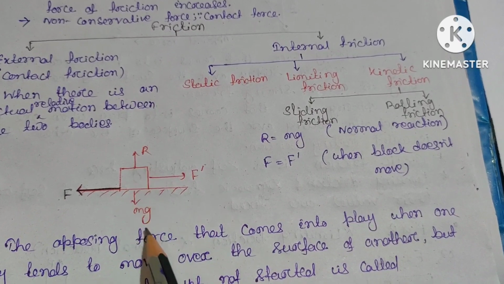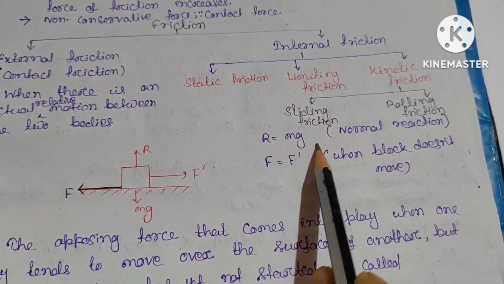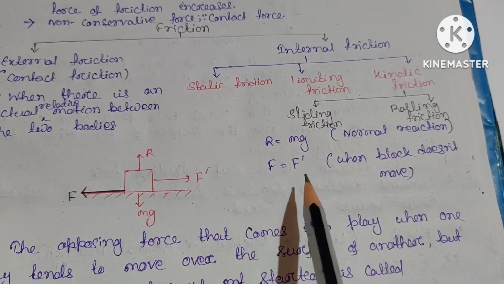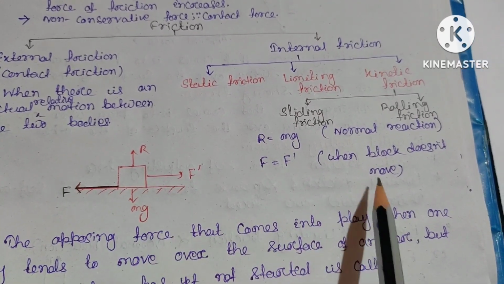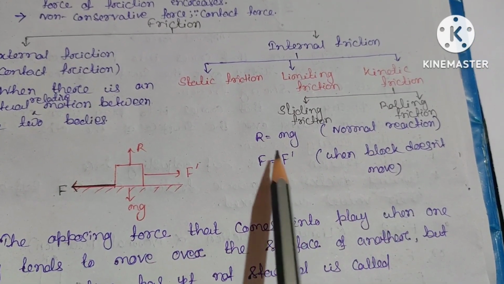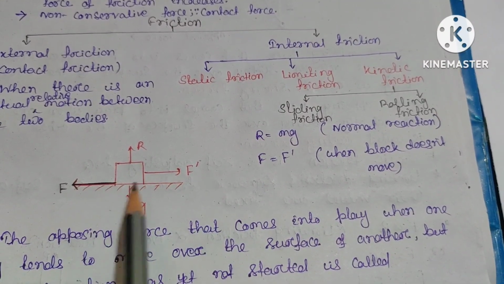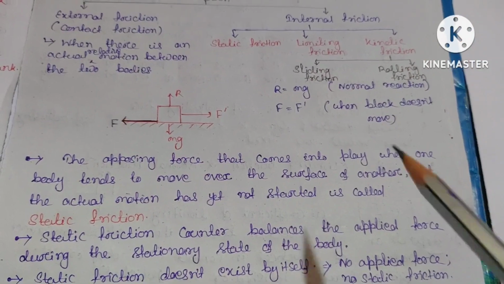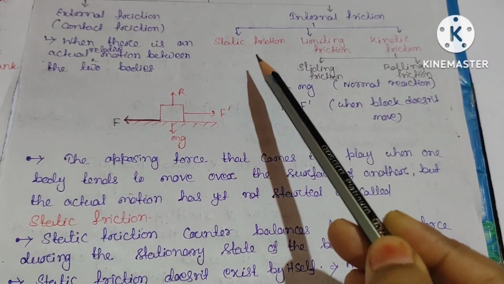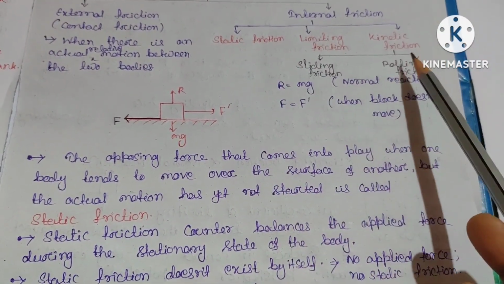So R equal to mg. And F equal to F prime, that means the force of friction and the applied force balance each other when the block doesn't move. Then we will see one by one what is static friction, what is limiting friction, kinetic friction.